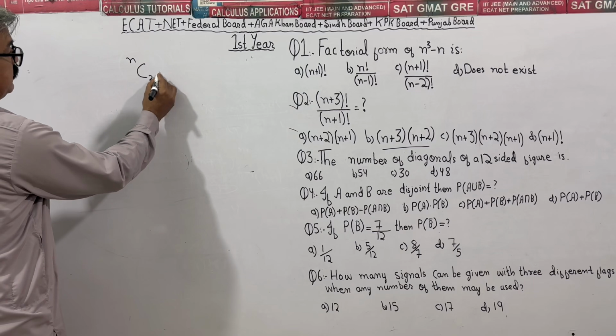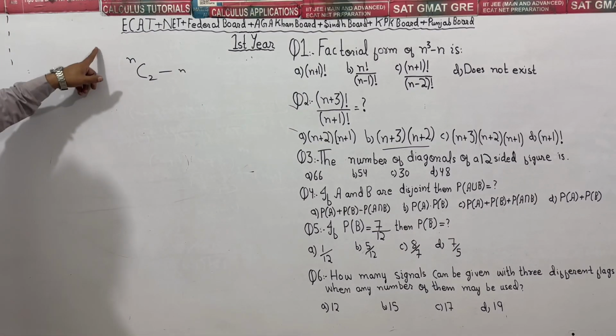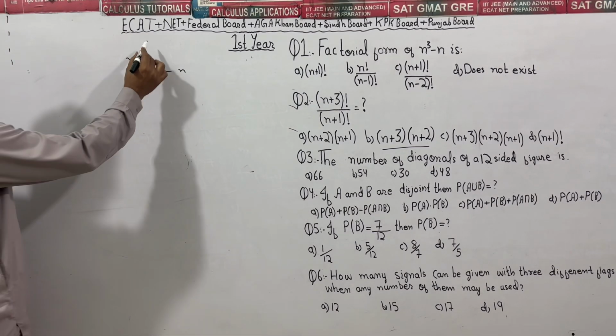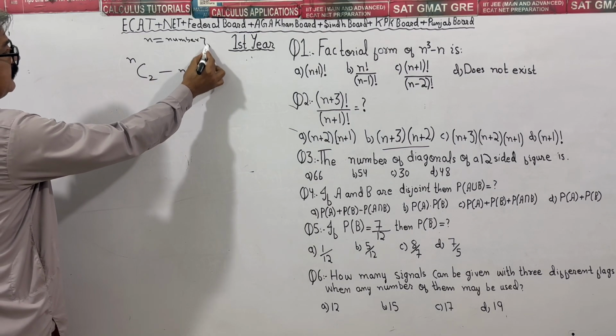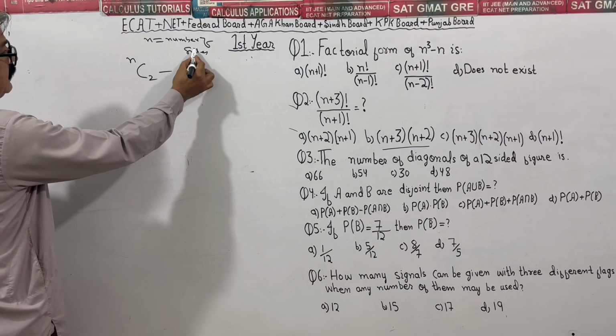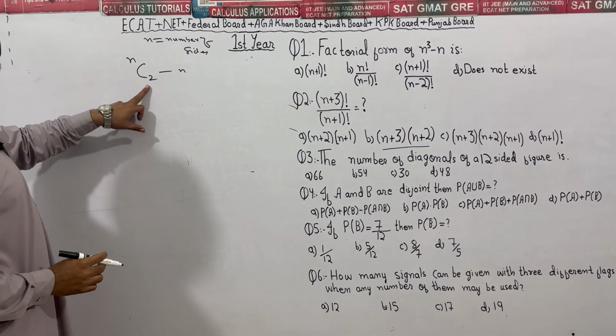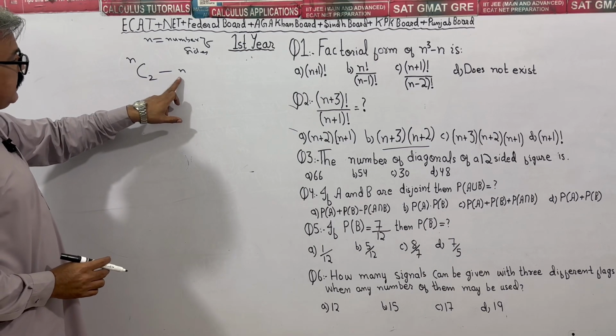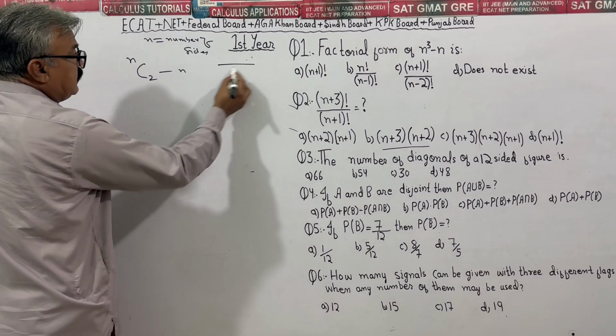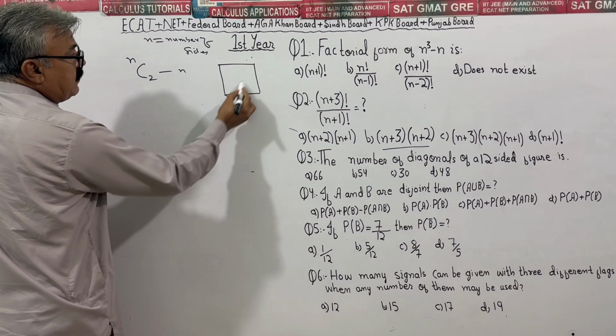Number of diagonals is given by nC2 minus n, where n is the number of sides, and we know that two vertices are joined to make a diagonal. Subtracting n, because the original sides of the figure cannot be the diagonals.